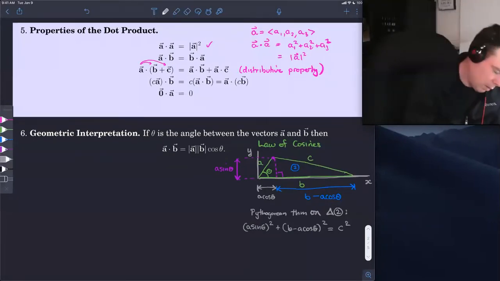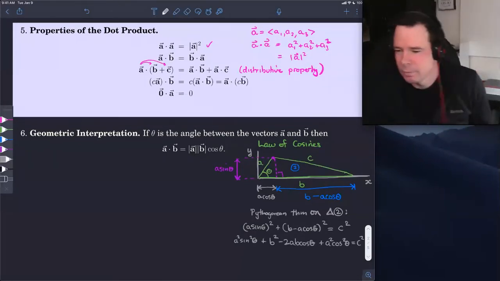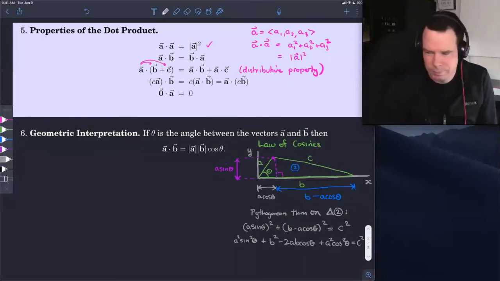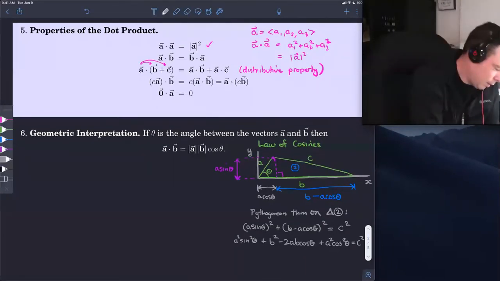And now we can just unpack it. So this is A squared sine squared theta plus, and expanding out that next one is B squared minus the cross term 2AB cos theta plus A squared cos squared theta is equal to C squared. So we just expand it all out. And then we make a couple of notes here.